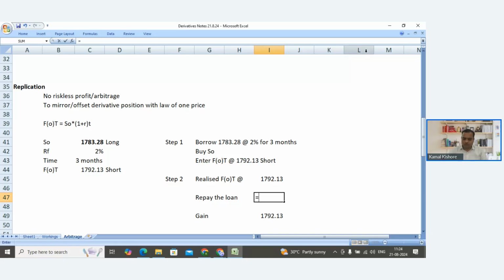Basically, 1783.28 into 1.02, the whole power 0.25. How do you do it in your calculator?